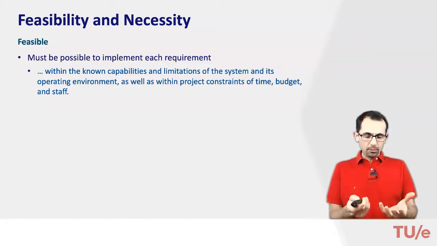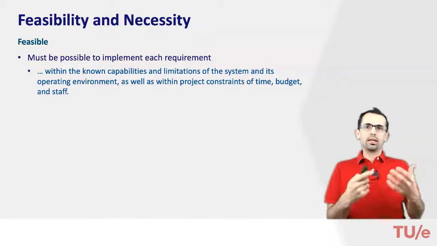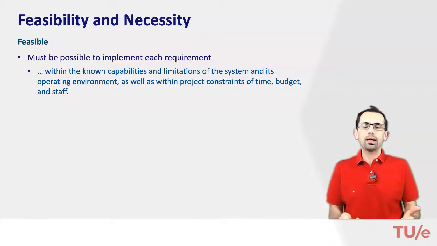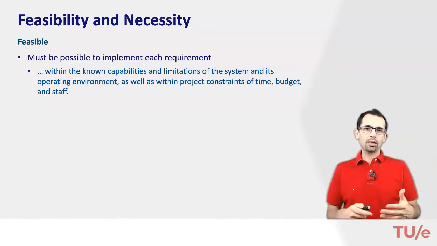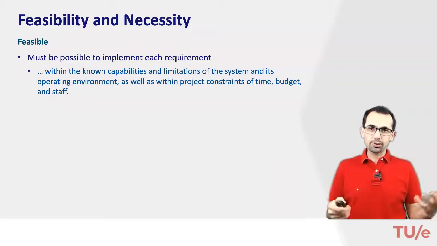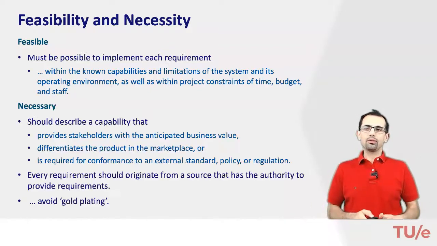The current technology should provide us the necessary capability to implement that thing, and not just the technology, but also the constraints regarding time, budget, and so on. You might have a very nice requirement, but if it is not feasible within the constraints that we are struggling with, then of course it's not feasible.